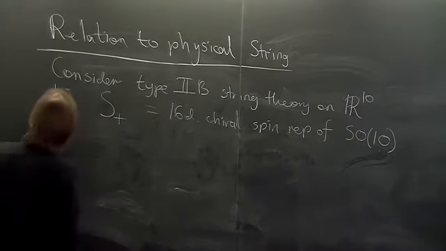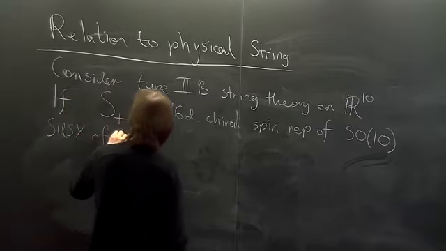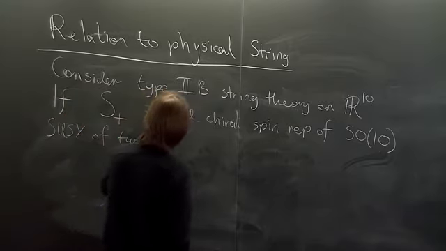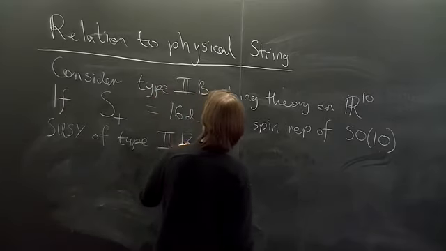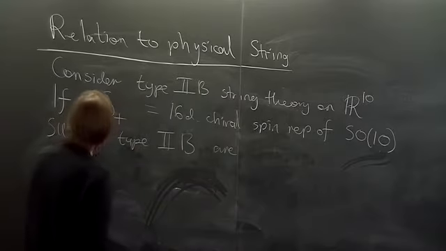Then the supersymmetries of type 2B are two copies of this.